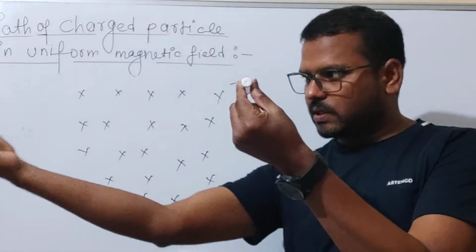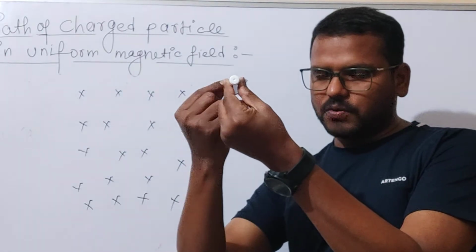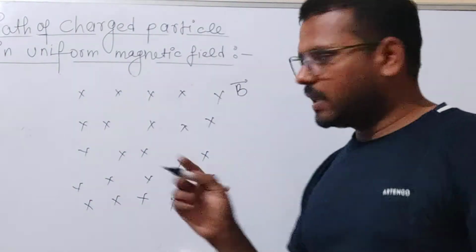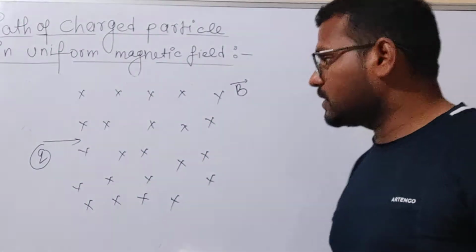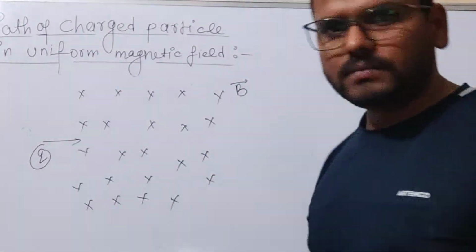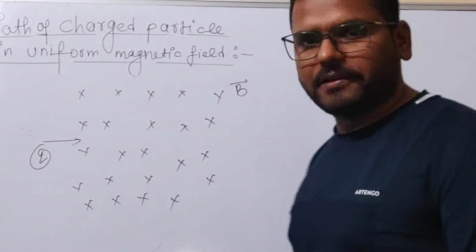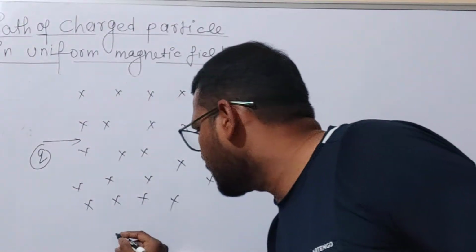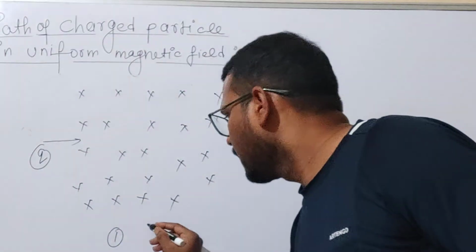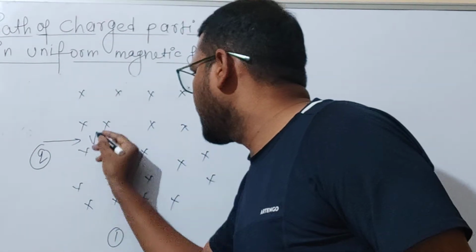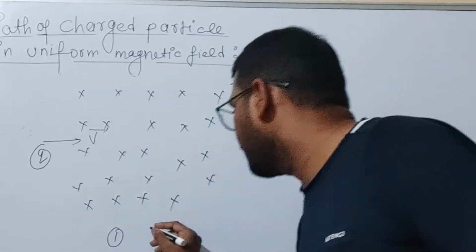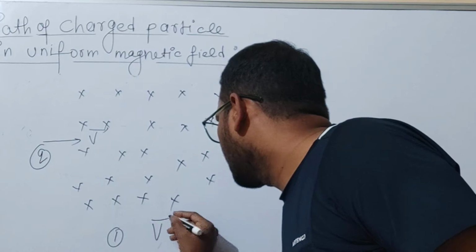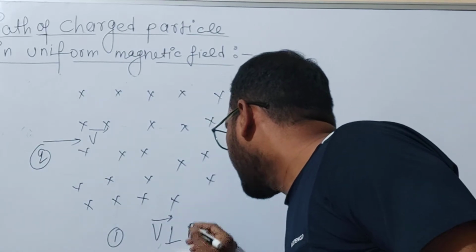Now I am throwing the charged particle q into the uniform magnetic field, perpendicular to the magnetic field. So the velocity v is perpendicular to the magnetic field.